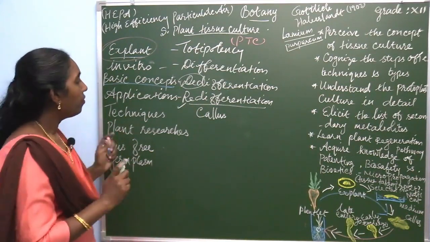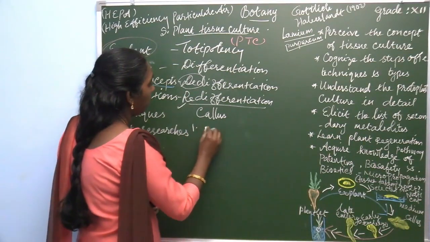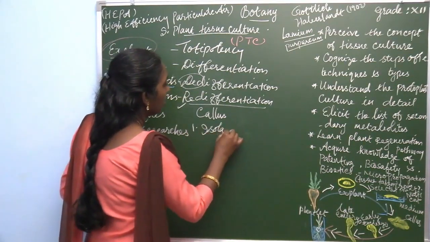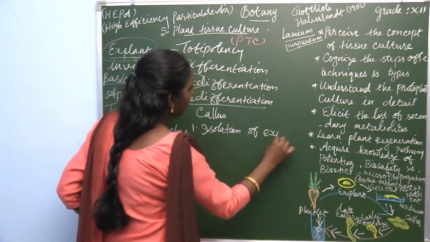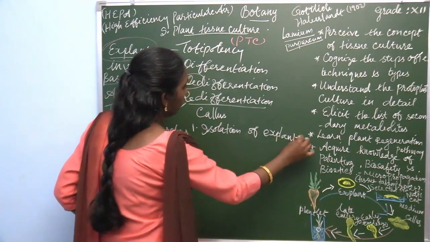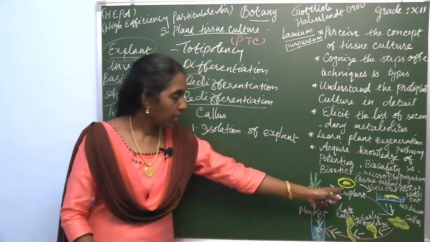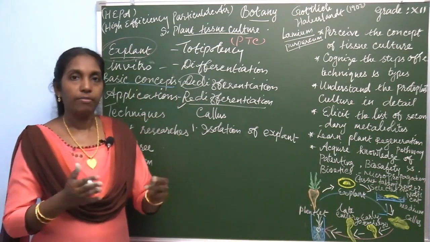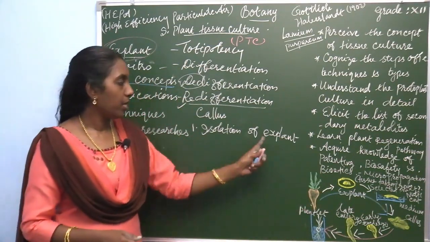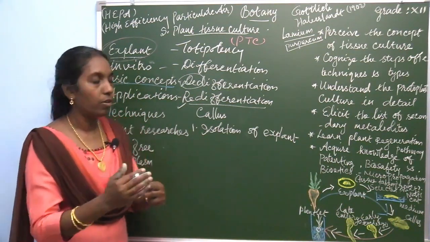The first principle is isolation of explant. The explant is isolated from this plant part. From different parts of the plant, the explant can be isolated.